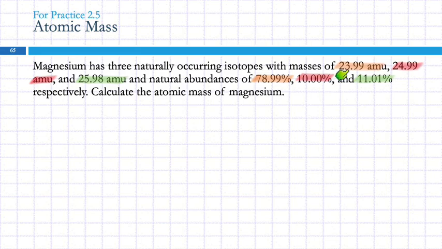So what we're going to do is take the abundance, express it as a decimal, just divide by 100, and multiply by the mass. And we're going to do that for each of the isotopes and add them together.